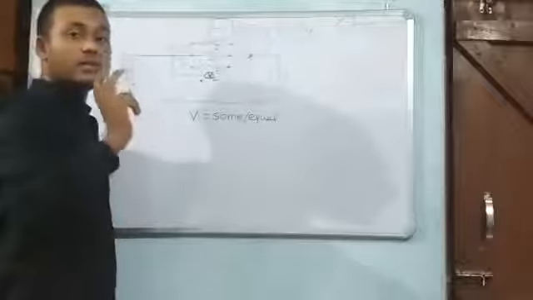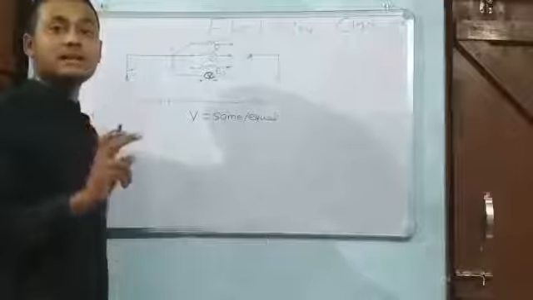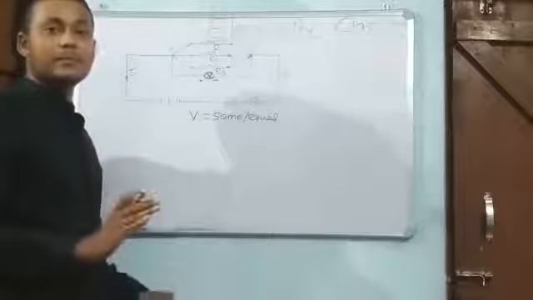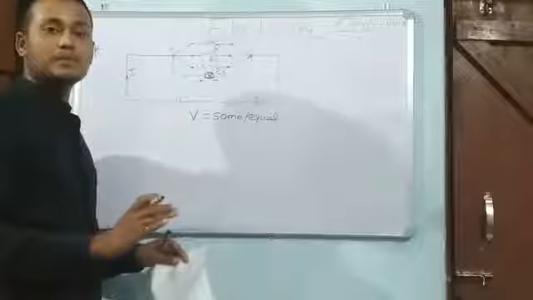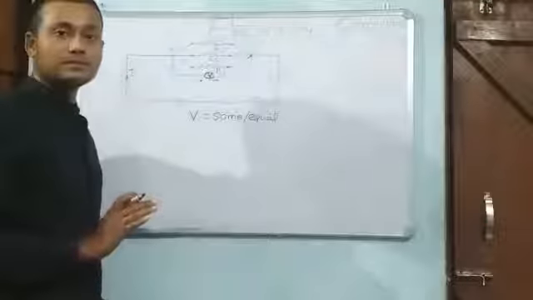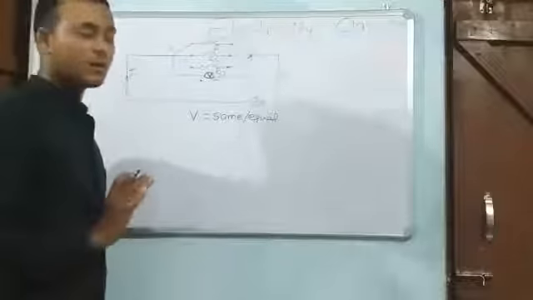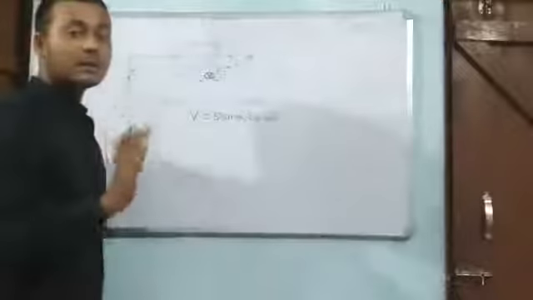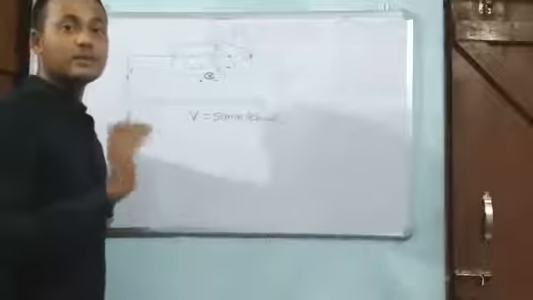So the first concept is V is the same throughout the whole circuit. It means the potential difference of R1, R2 and R3 are the same whenever resistors are arranged in parallel combination, but the current is different.